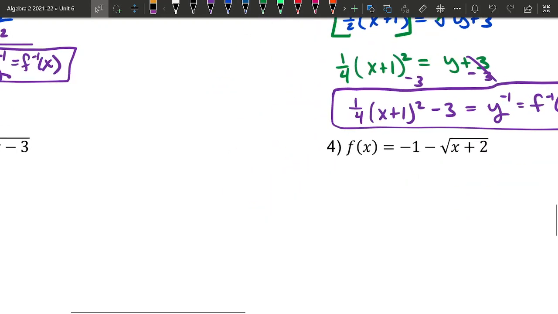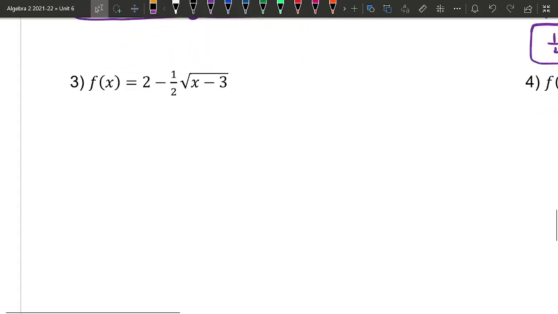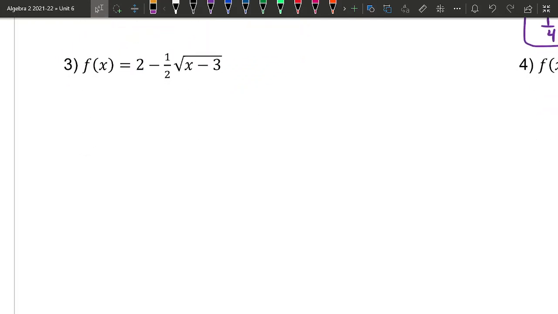So then number 3. Same thing. f of x is a y. And then x and y are going to trade places. There's just a few more steps in this problem.